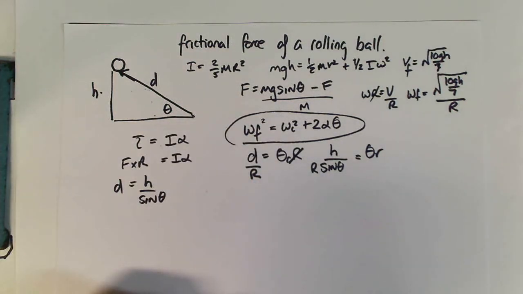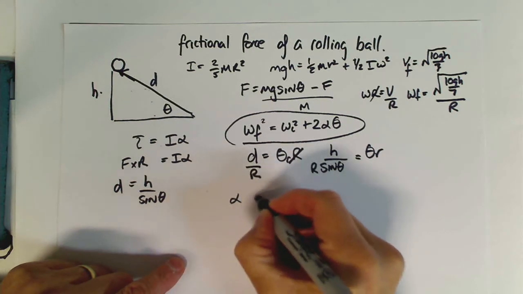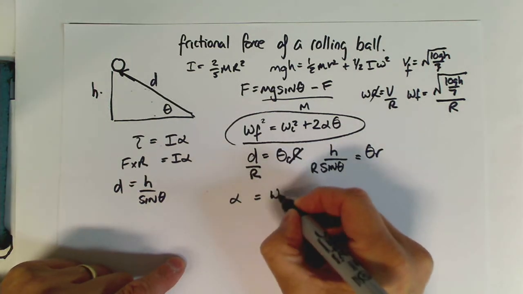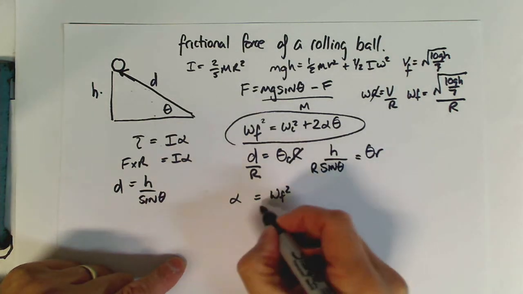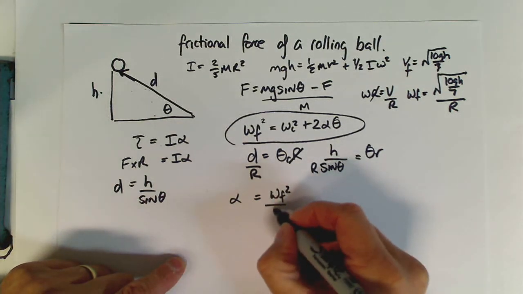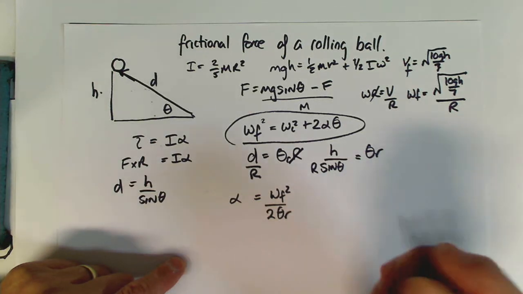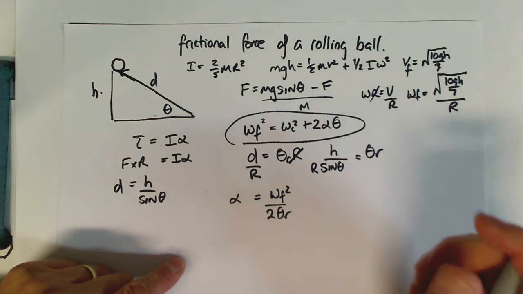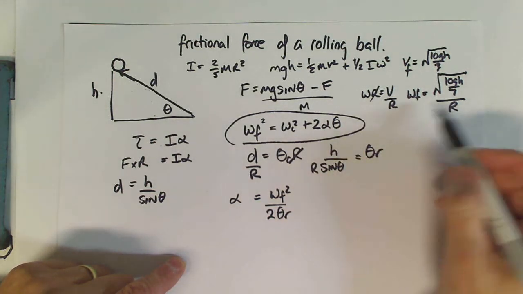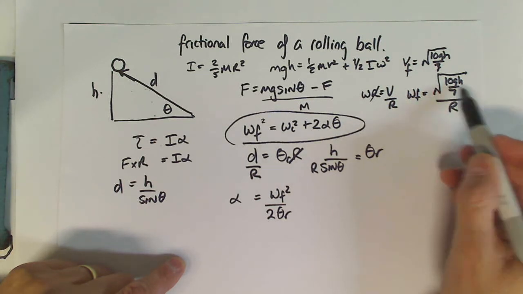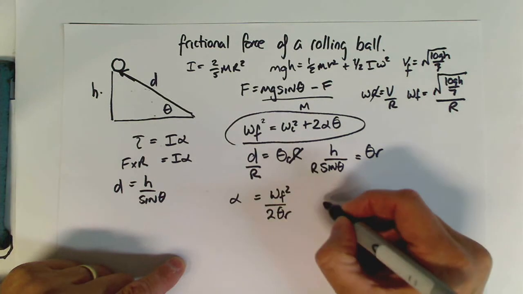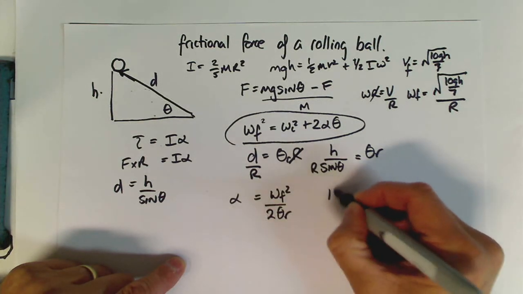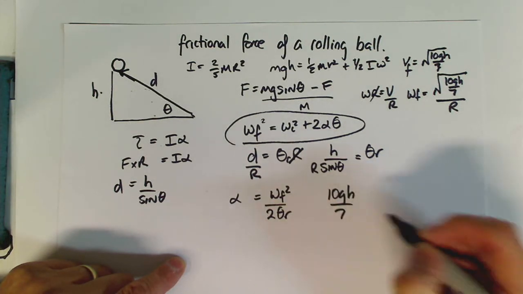So alpha equals omega f squared divided by 2 theta r. So let's write that down. Omega f squared is going to be this one, squared, which is just 10gh over 7.